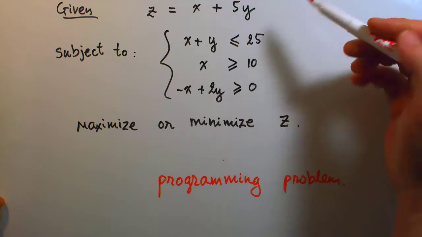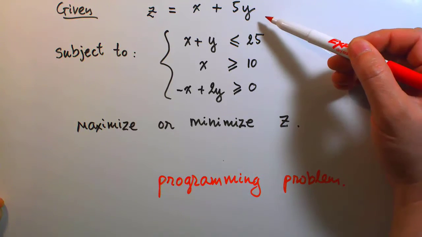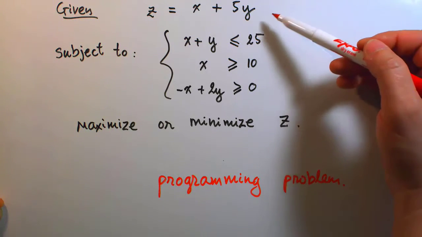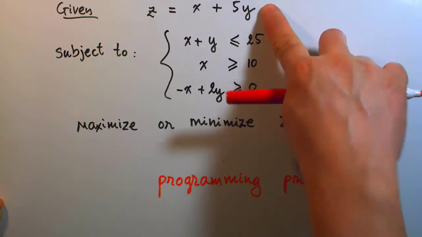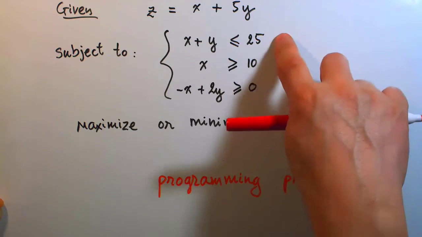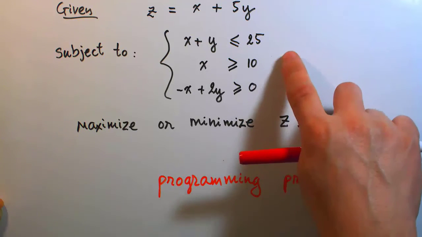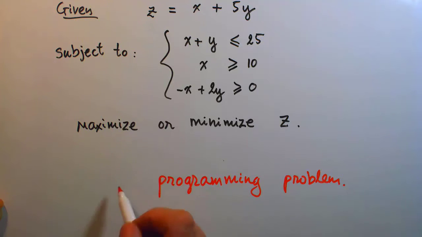Since our function was given right from the beginning, and I spent a good amount of time explaining at the very beginning of this video, everybody realizes that it's a linear function, as well as any of these constraints right here appearing as linear inequalities, or formally speaking, linear constraints. So combining all those key elements together, the kind of problem we're doing here is a linear programming problem.